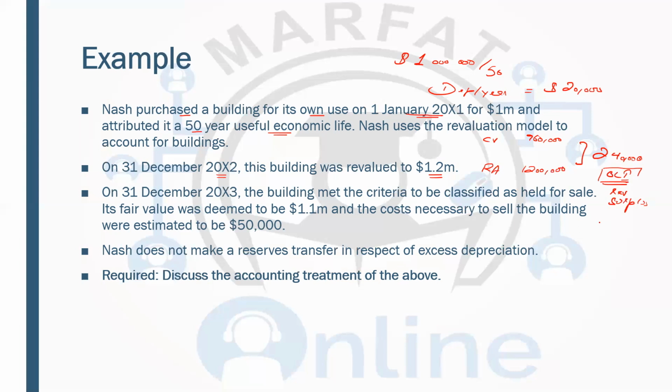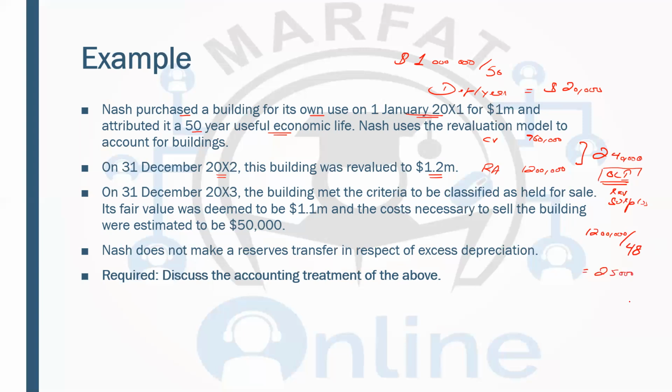Now this property is going to be recorded at 1.2 million and will be divided by the remaining useful life, because we remember the IAS 16 that after revaluation, depreciation should be recorded on the revalued amount and remaining useful life. So the revalued amount is 12 lakh and the remaining useful life is 48 years. So 12 lakh divided by 48, it is going to be 25,000 per annum.